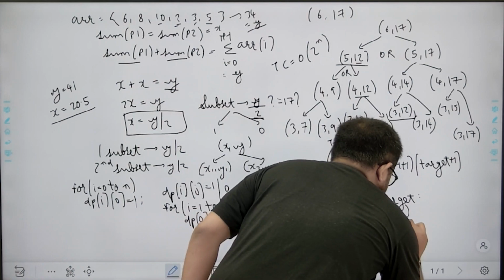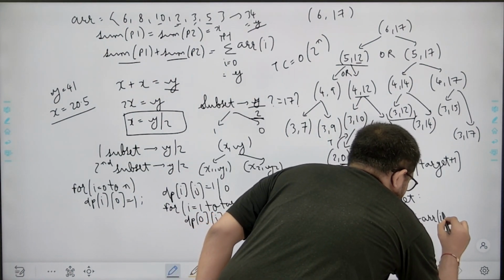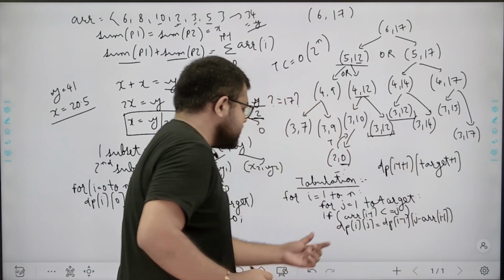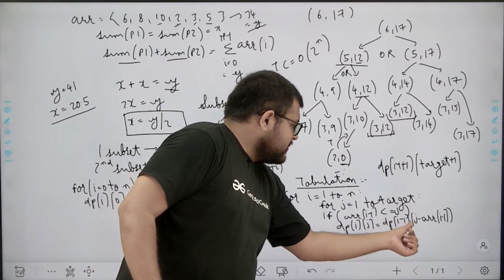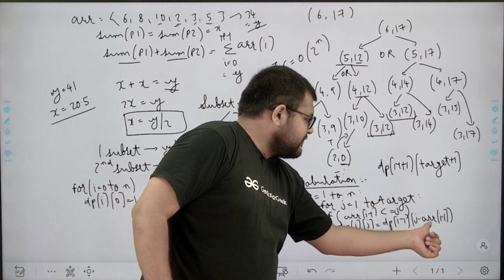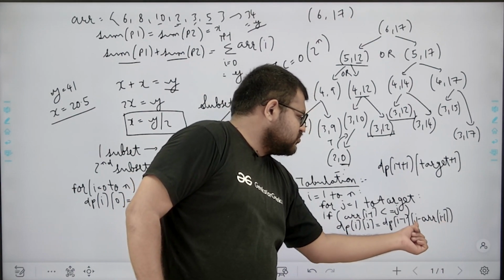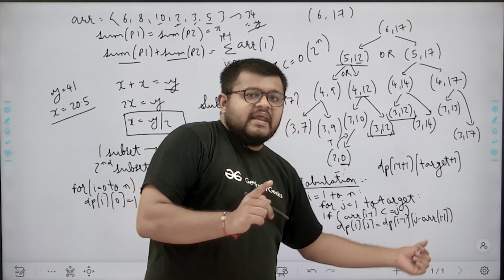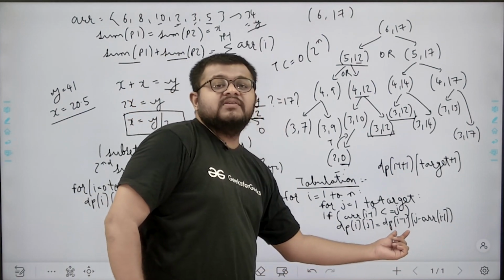So this will become i minus 1 and j minus array of i minus 1. So understand this. Suppose I consider the ith element, then the remaining sum would be what? j minus array of i minus 1, because the ith element has value this. So the remaining sum would be this, and I need to obtain it using any of the subsets of the first i minus 1 elements.